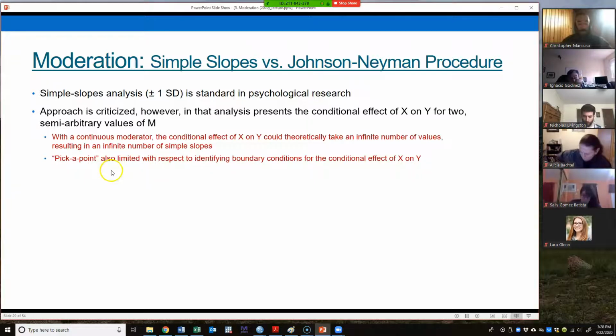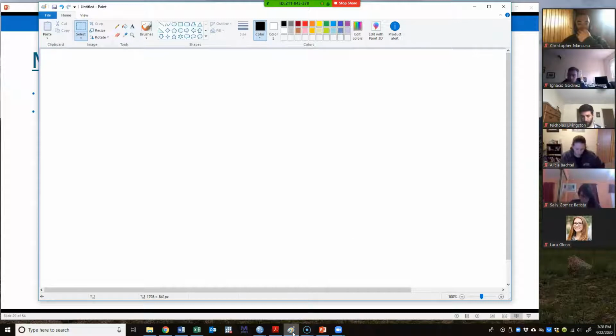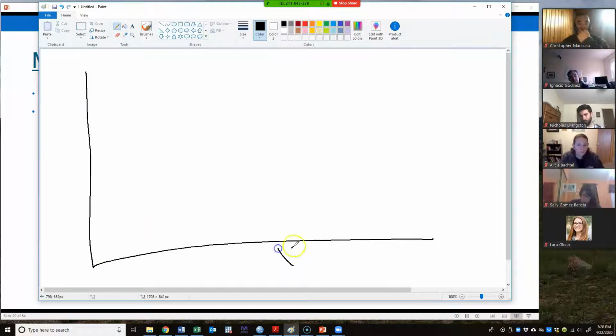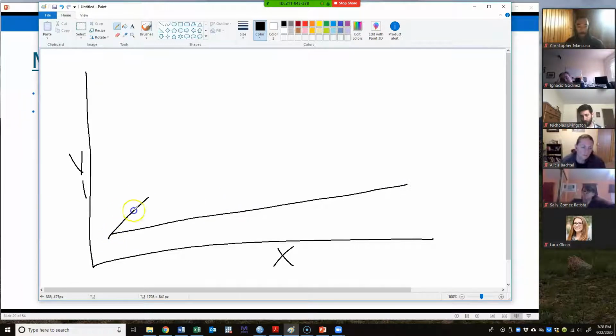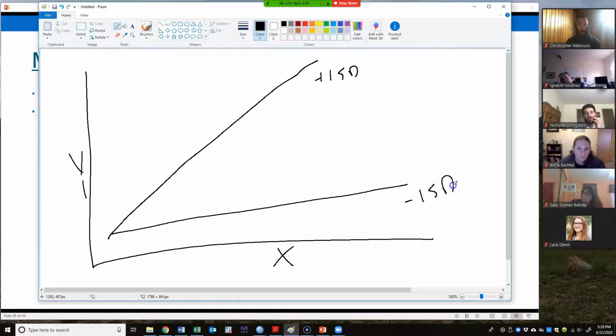And what this simple slopes analysis doesn't do is tell us where the boundary conditions are on this conditional effect, right? So again, this is my simple slope, and here's X, here's Y, right? And I see an effect here, an effect here. This is +1 standard deviation, and this is -1 standard deviation, okay?